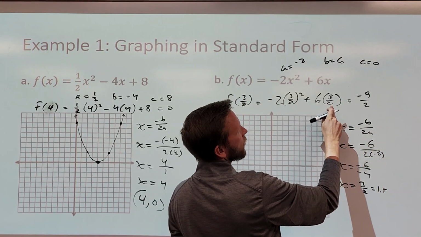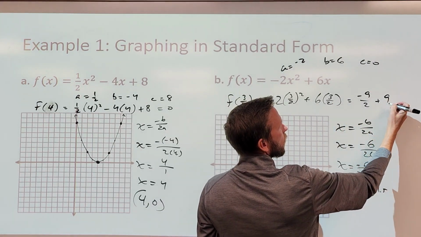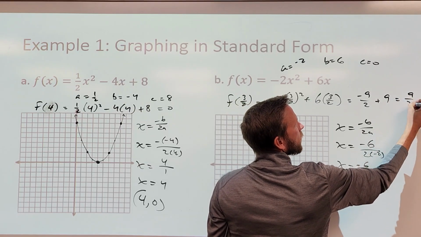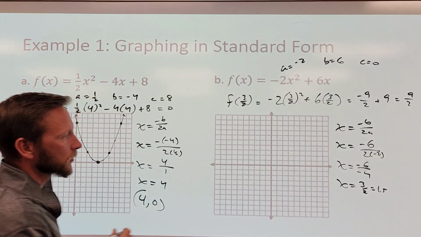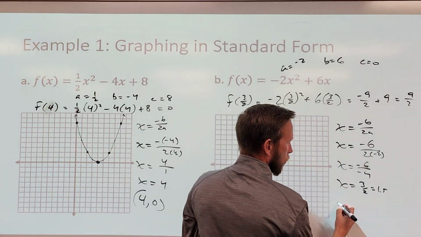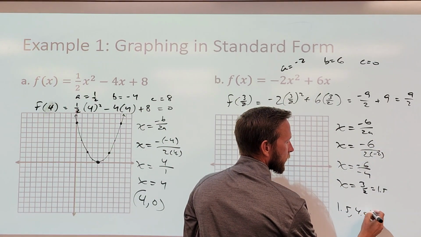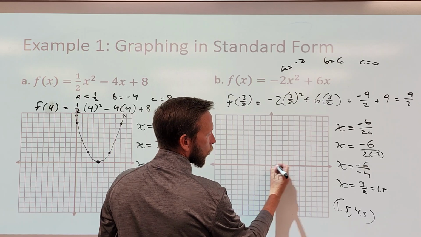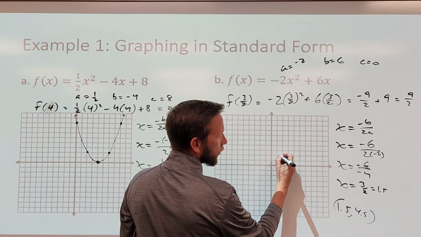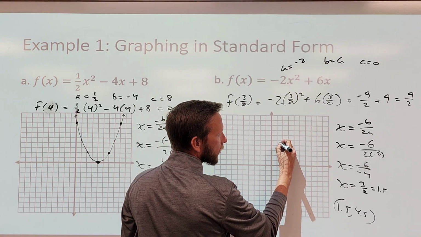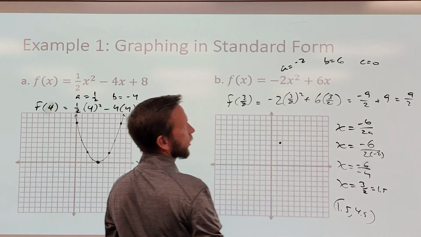And then 6 times 3/2 is 9. So we get 4.5, which is 9 over 2. So at 1.5, 4.5, we have our vertex.